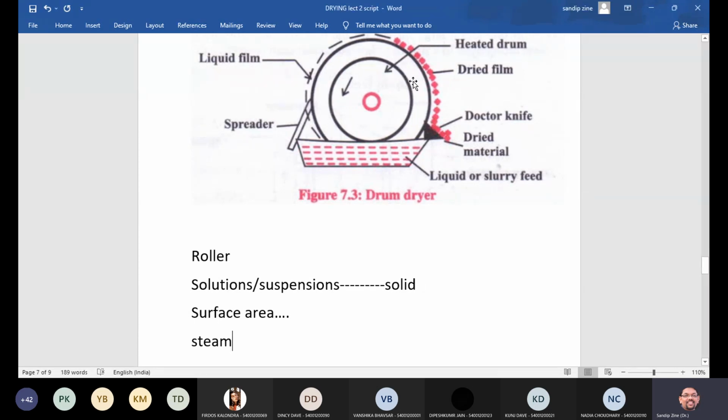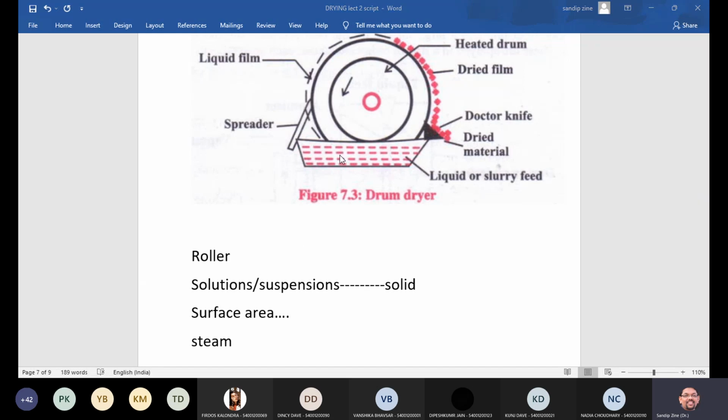So as this drum rotates, obviously with the help of the steam, this liquid or slurry forms a solid film. At a particular level, one knife or cutter can be used so that we can easily cut that solid part and collect this dried material in any particular bag. And this is the overall construction and working of a drum dryer.